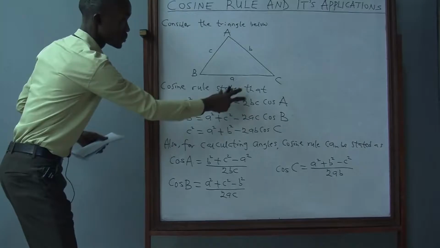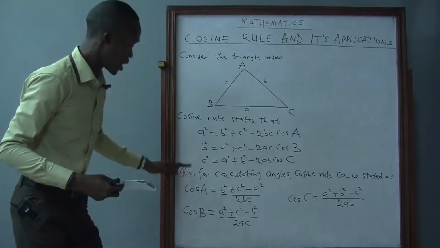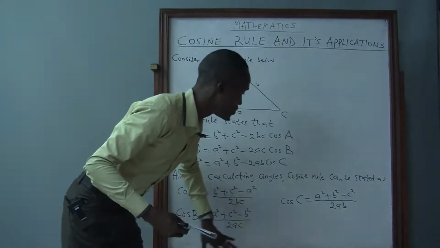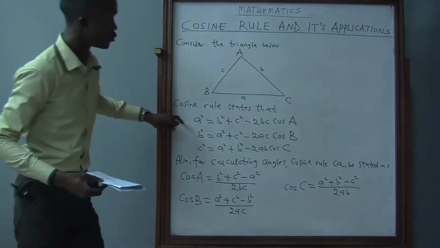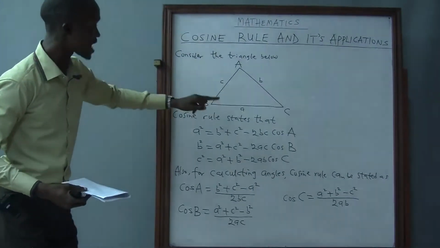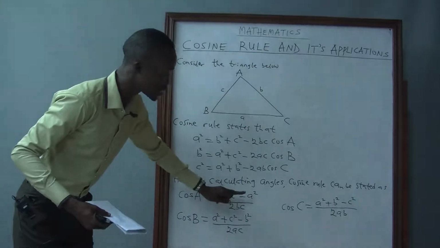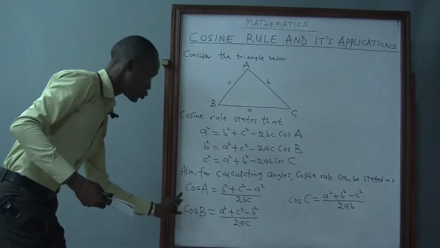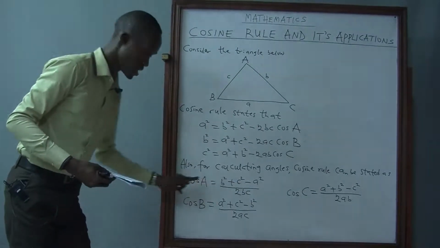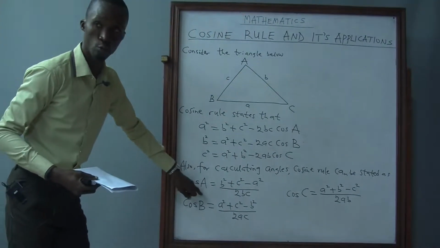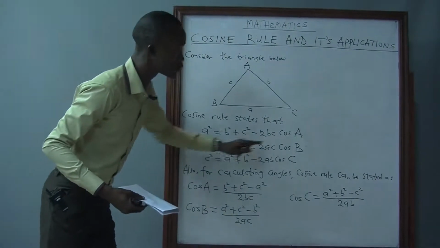So these 3 can be used to find sides, but these 3 can be used to find angles. So when we want to find side A, we make use of this. But if we were asked to find the value of angle A, we make use of this. And when we have our value, we now take arc cos of the value we have here, and that will give us the value of angle A. If you are asked to find side B, we make use of this.